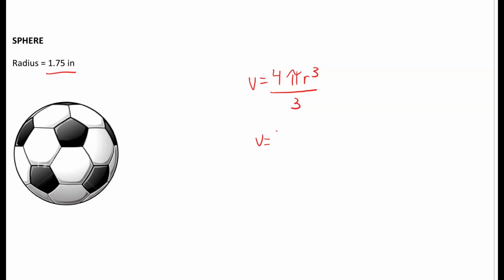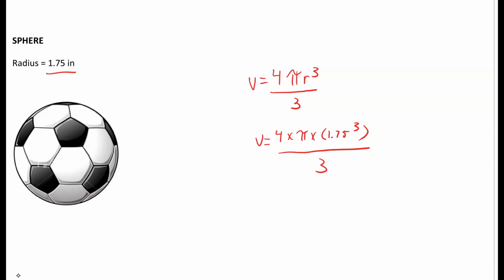Volume equals 4, which comes down, multiplied by pi, multiplied by my radius, which is 1.75, and this time it's cubed, so 1.75 cubed, all divided by 3 at the end.